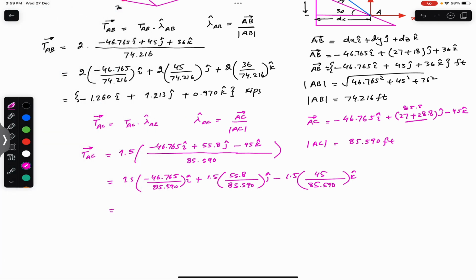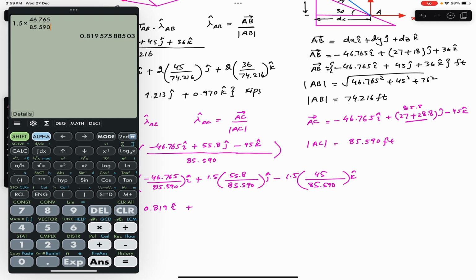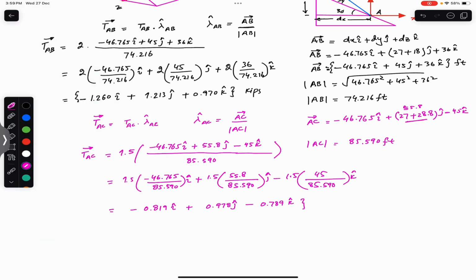So the minus sign will remain there: minus 0.819i plus, with 55.8, 0.978j, and with 45, minus 0.789k, and the units will be in kips.